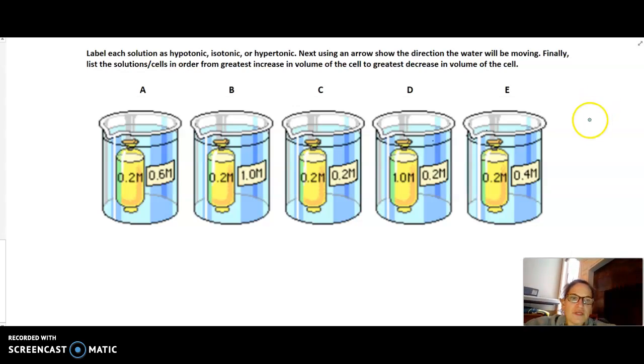Now, the one thing you do need to understand is that molarity, so M, is basically telling you percent solute. So let me redo that a little bit just so you guys can see it a little better.